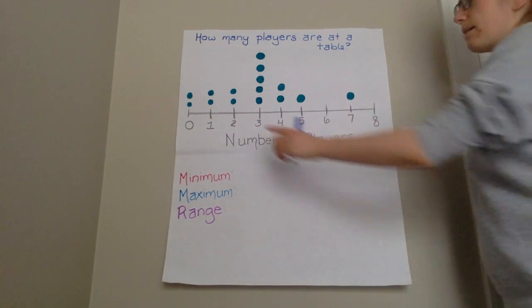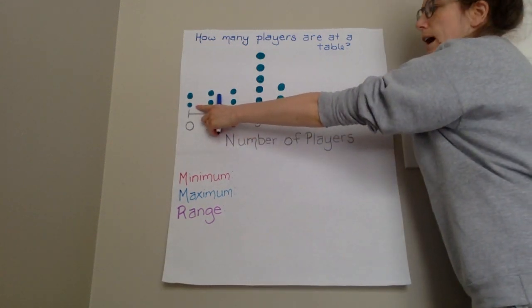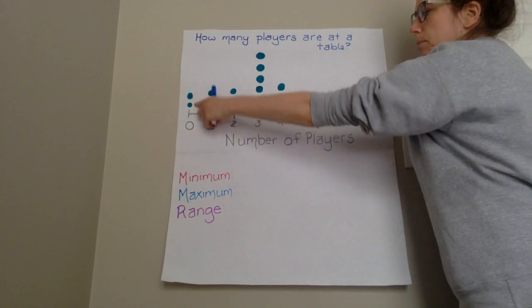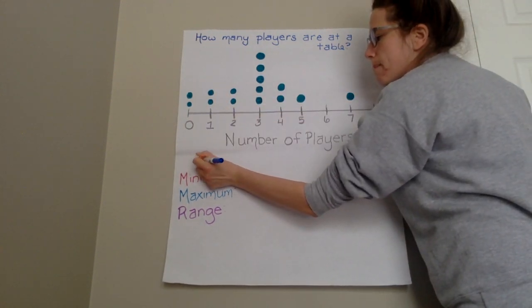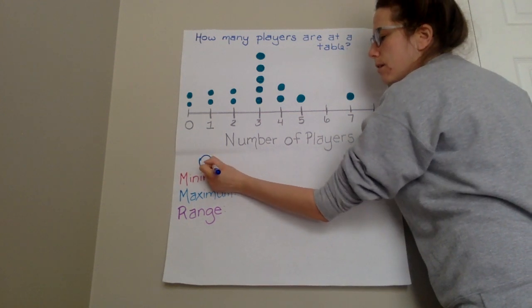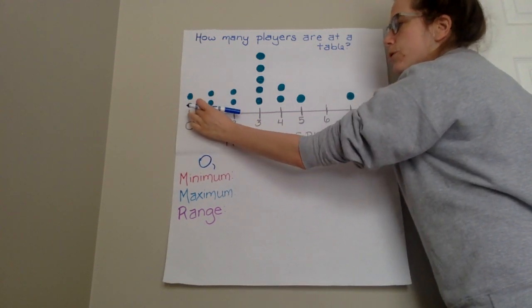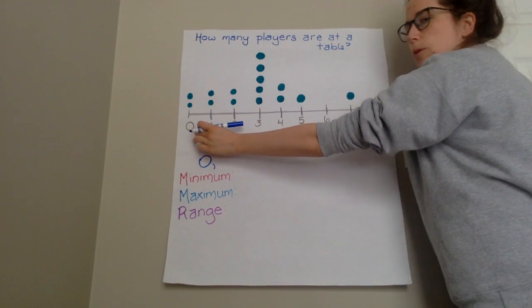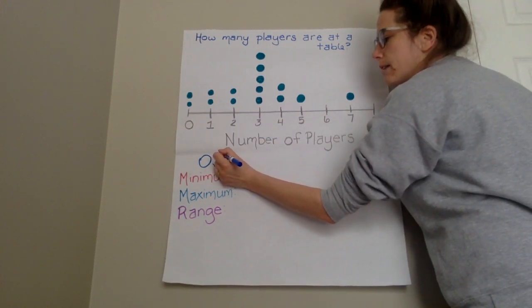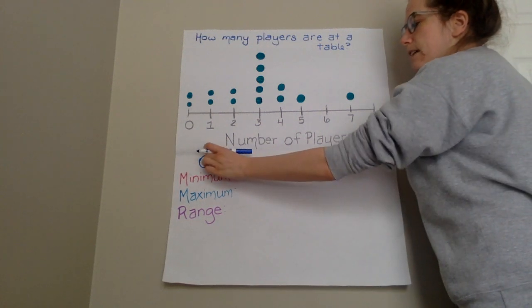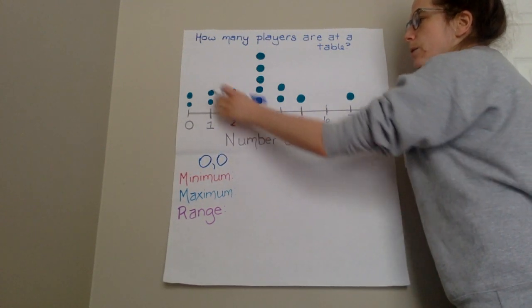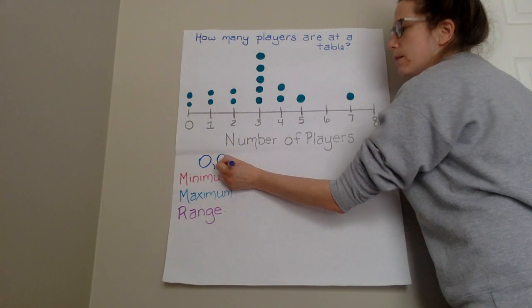What I'm going to do is I'm going to start here. I have 0 players at this table, so I'm going to write a 0. Because there are 2 tables with 0 people, I'm going to write 0 2 times to represent that there are 2 tables with 0 people.